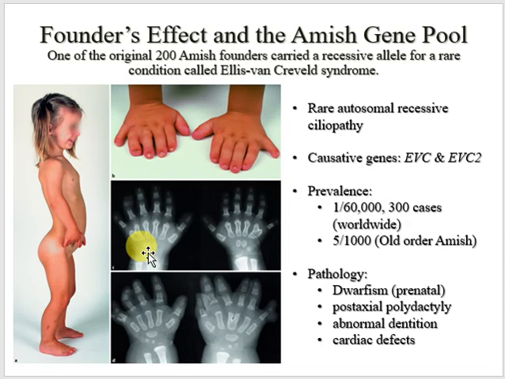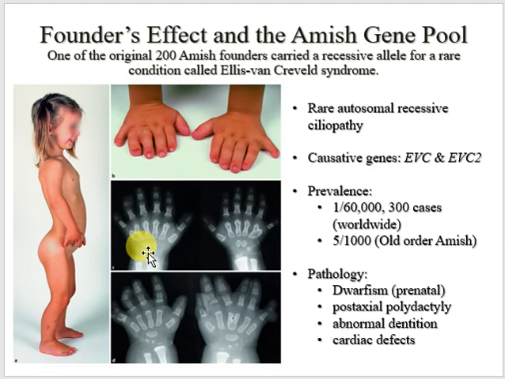So ciliopathies are genetic disorders dealing with either mutation of the cellular cilia, their anchoring structures, basal bodies, or the function of the cilia themselves. But the syndrome itself is characterized by short-limb dwarfism.